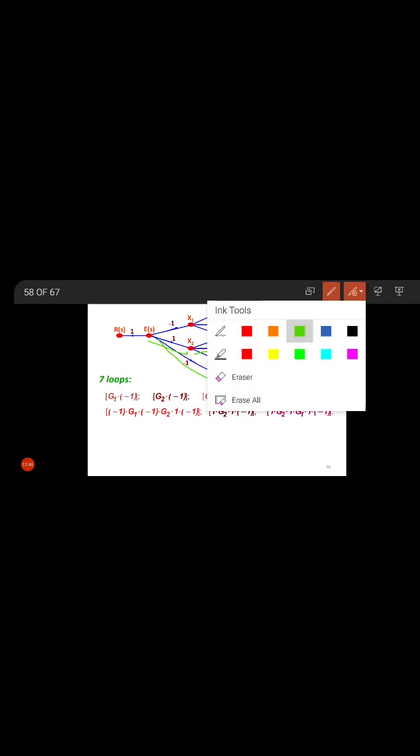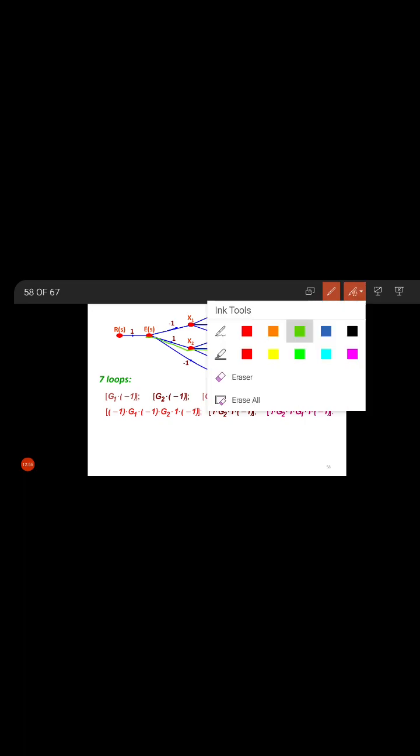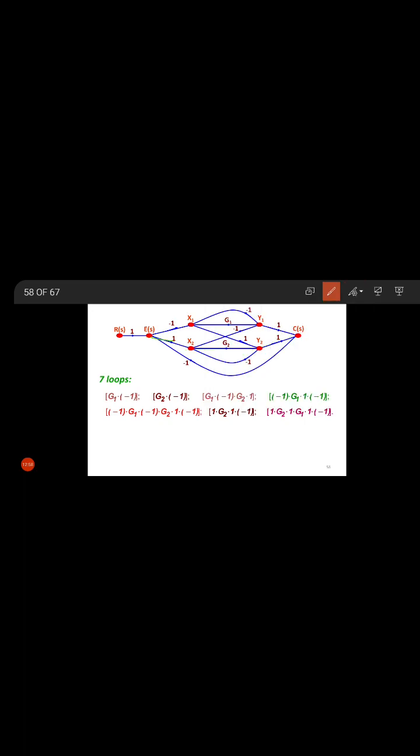Okay, and last one is 1, G2, 1. Okay, no, this is not 1, G2, 1, G1, 1, minus 1. Okay, clear? This is our 7th loop.